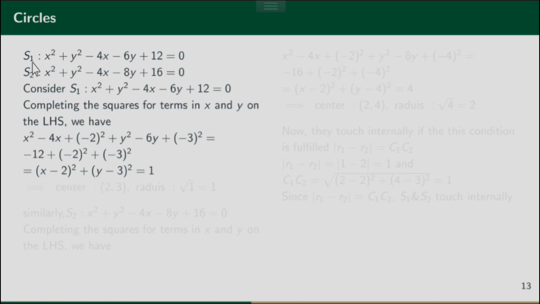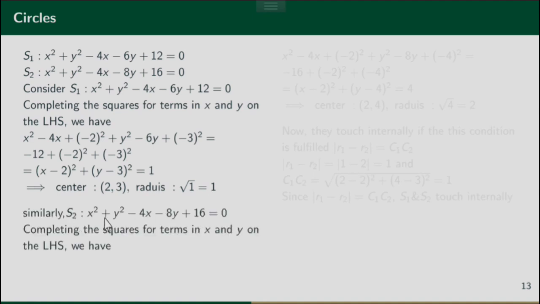So I have expressed S1 in its standard form. In this case, the center of this circle will just be the critical values of the terms x minus 2 and y minus 3. So the center is the point (2, 3), and the radius is the square root of 1, which is equal to 1.